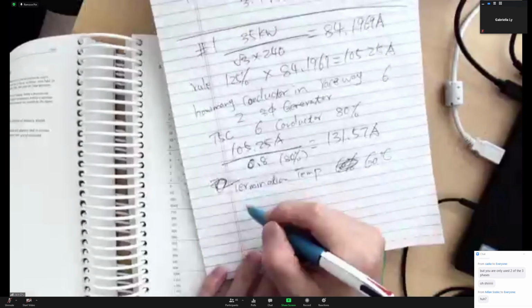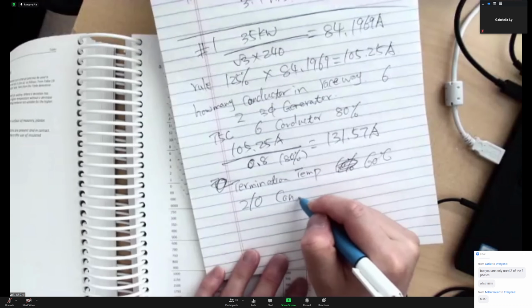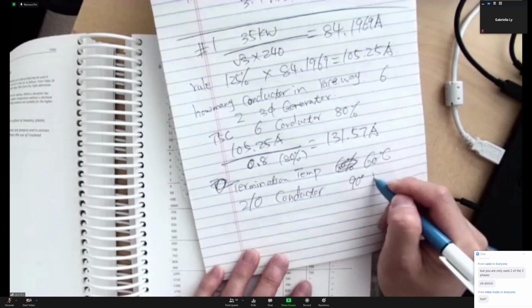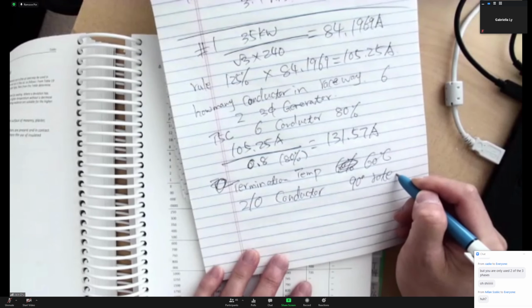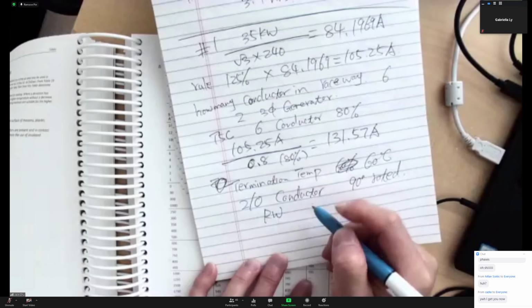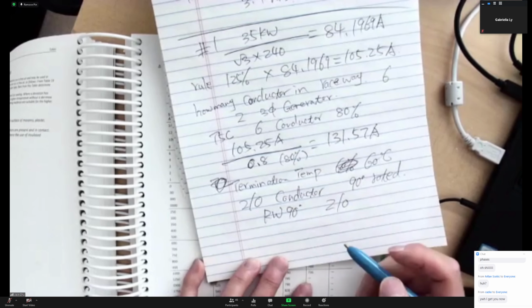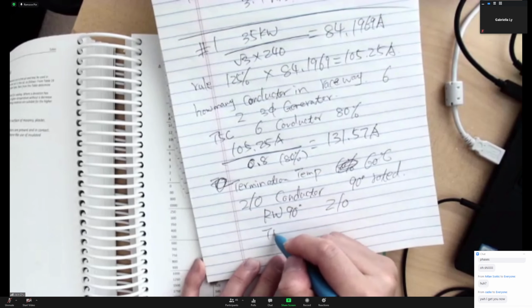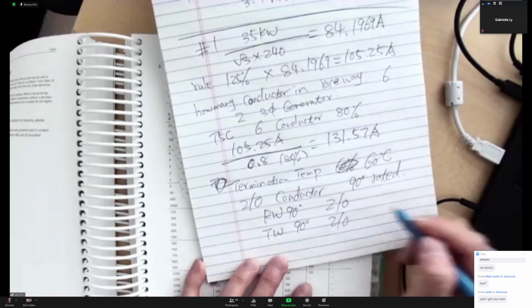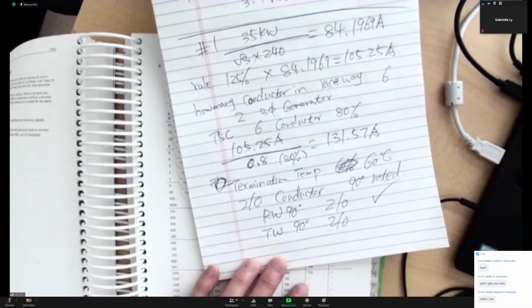So you need a 2-odd conductor, but you need a 90 degree rated. So you either need RW90 2-odd, or a TW90 2-odd. Mostly you will choose that one.